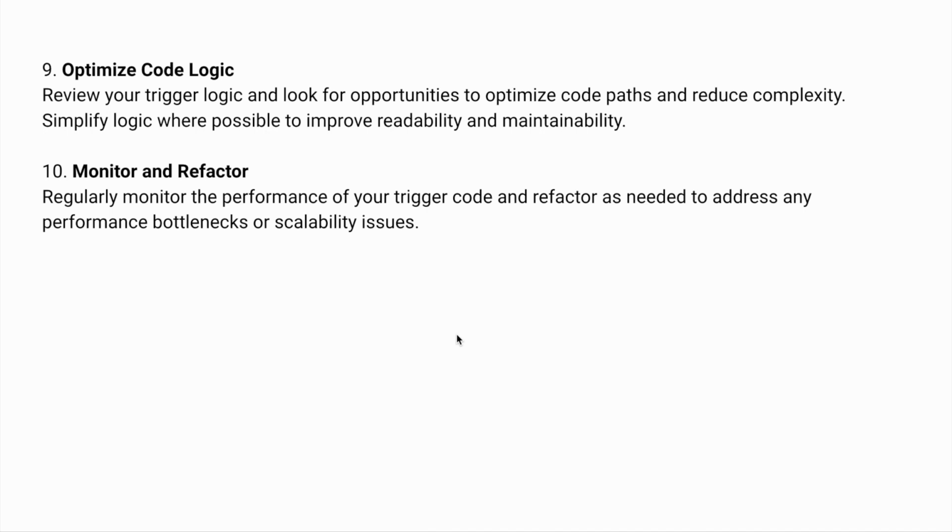Then next is to optimize code logic. We should always review our trigger logic and look for opportunities to reduce the complexity of our code, such as by avoiding excessive DML operations, loops, and nested loops.